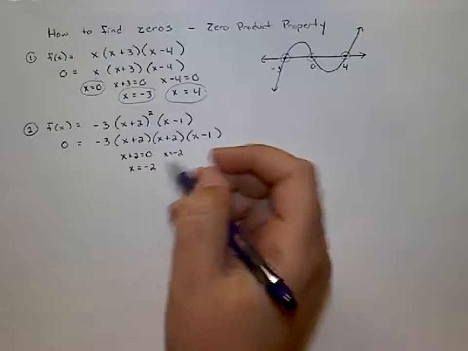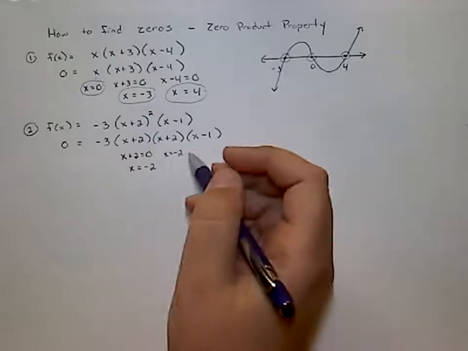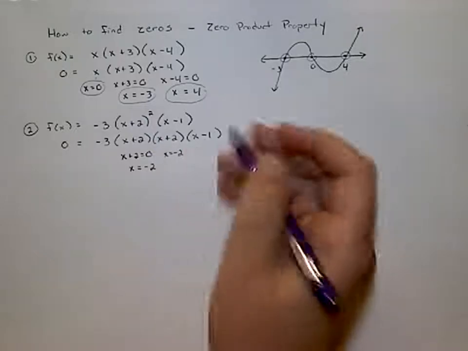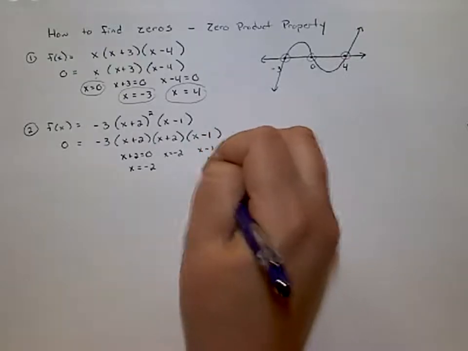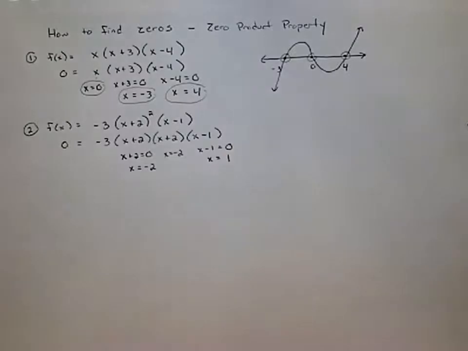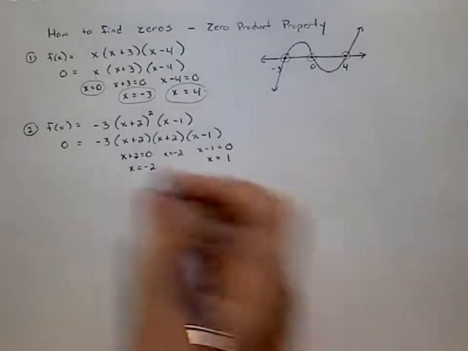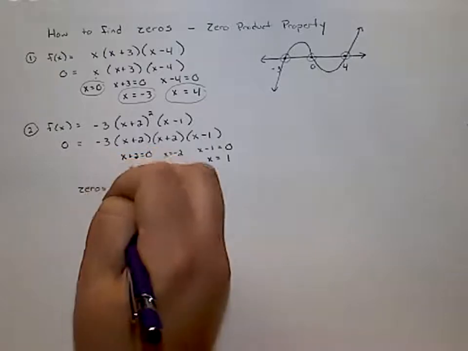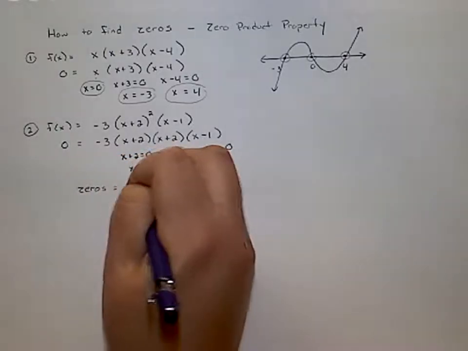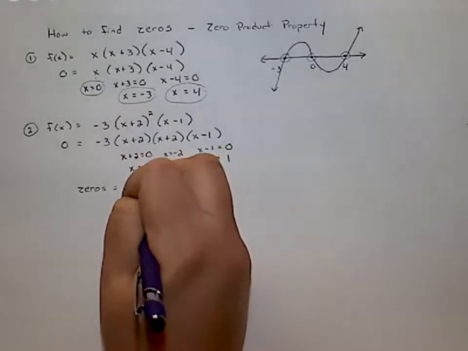We're going to talk about what it means when we get two of the same zeros. And don't forget, we still have that x minus 1 equaling 0. So we have 1. So we have zeros of negative 2 and 1.